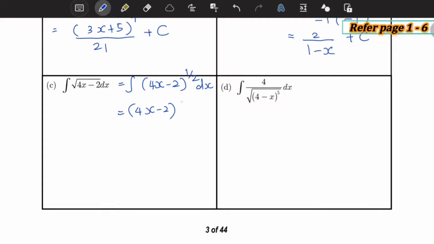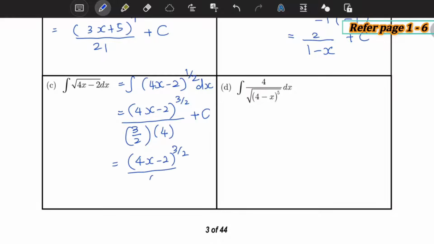Half plus 1 is 3 over 2, divide by new power 3 over 2. And differentiate the bracket, the function, we have 4, plus c. Final answer is (4x minus 2) power of 3 over 2 divided by 6 plus c.